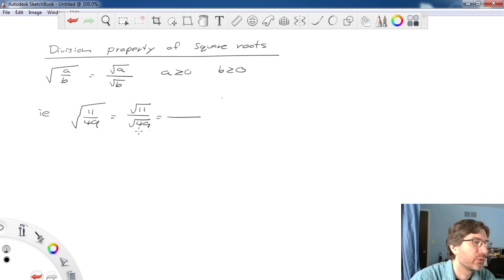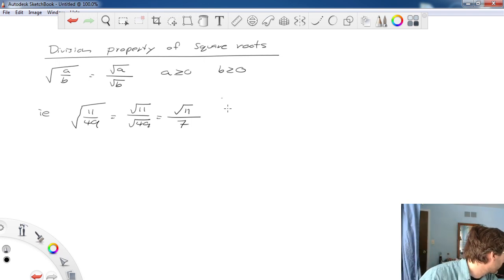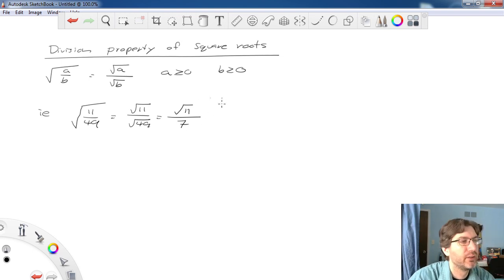And you know the square root of 49 is 7 because it's a perfect square, so you can go ahead and solve that. And then the square root of 11, you can sit there and see if you can break that apart, but probably not. It's not really divisible by anything, so it's looking like that's as simplified as we can get for that example. Right, so this here would be your answer to that. This is an 11.